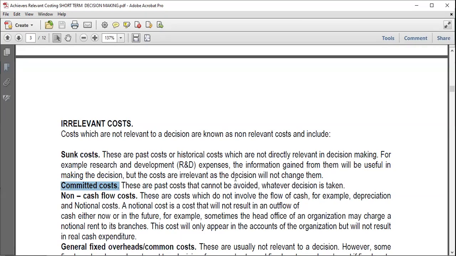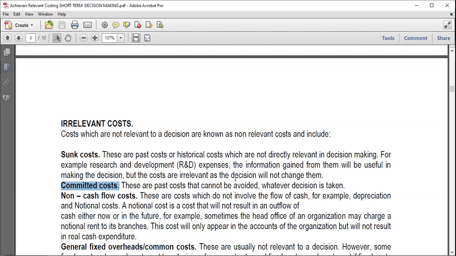It could be, for example, maybe today you're in a place and you already paid prepaid rent for the next year, 2022. And according to the contract, the landlord cannot reimburse this money to you. And you maybe want to make a decision to move to another new place.